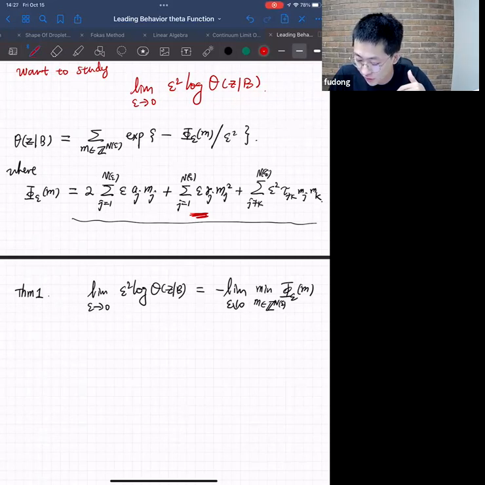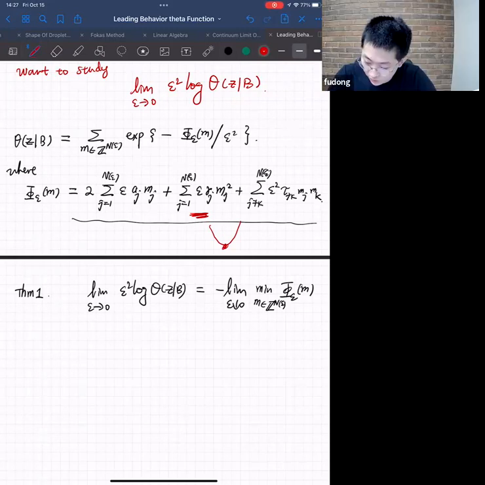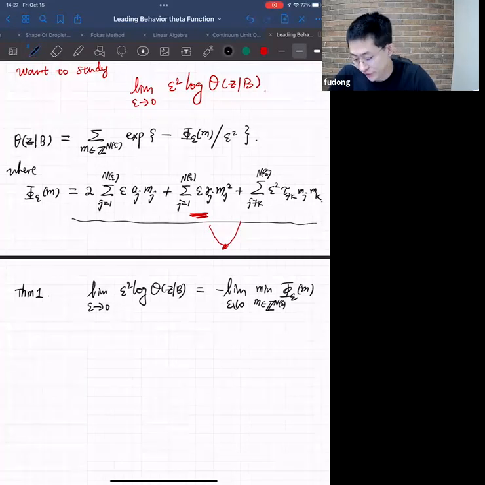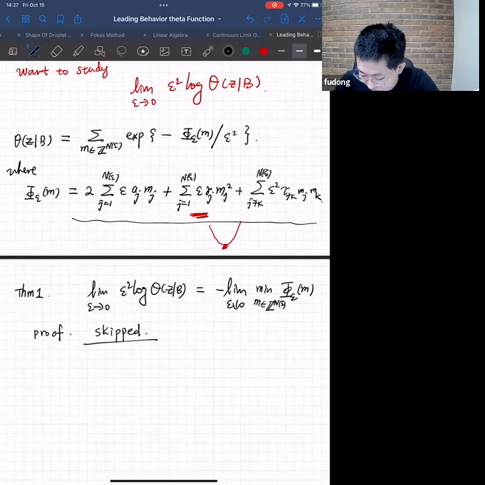And this is positive, so the function will look like this. Now, of course, this minimal, right? Intuitively it's exactly a saddle point. That's interesting. Okay. Yeah, you can prove this is strictly convex, and the proof will be skipped for theorem 1 because it's not of too much interest.